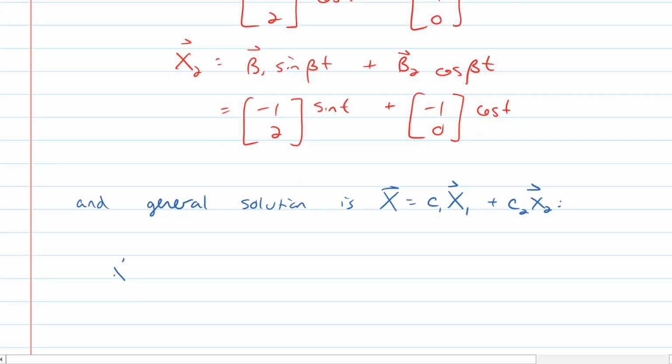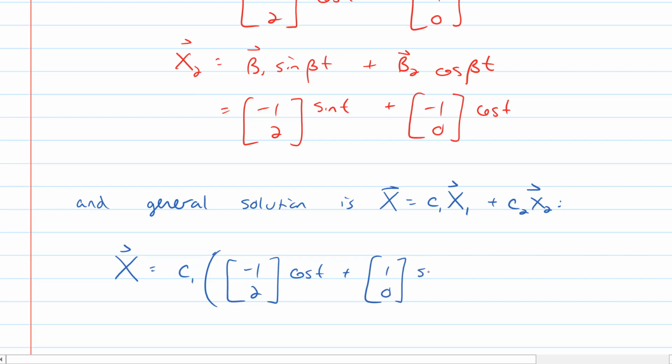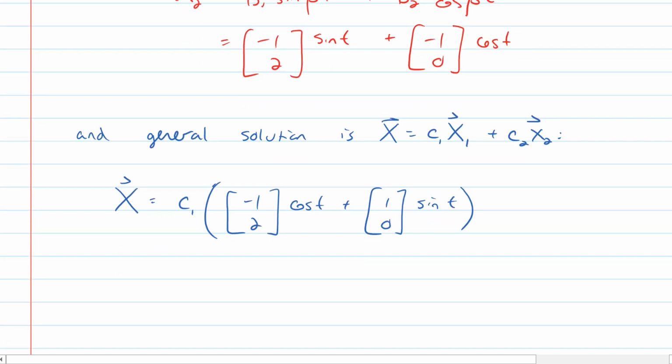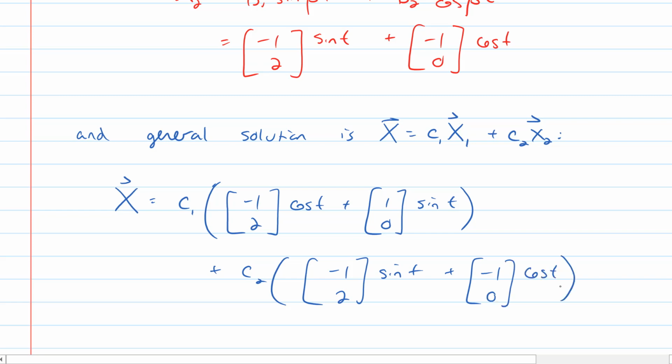We get capital X, it's going to be C1 times what we've just written before, the column vector cos t and sine t, plus C2 times -1, 2 sine t plus column vector -1, 0 cos t.